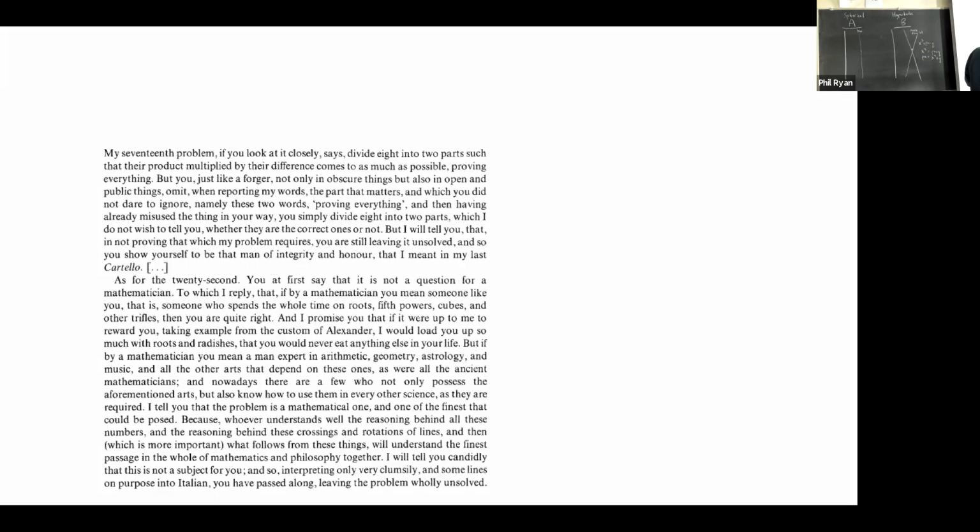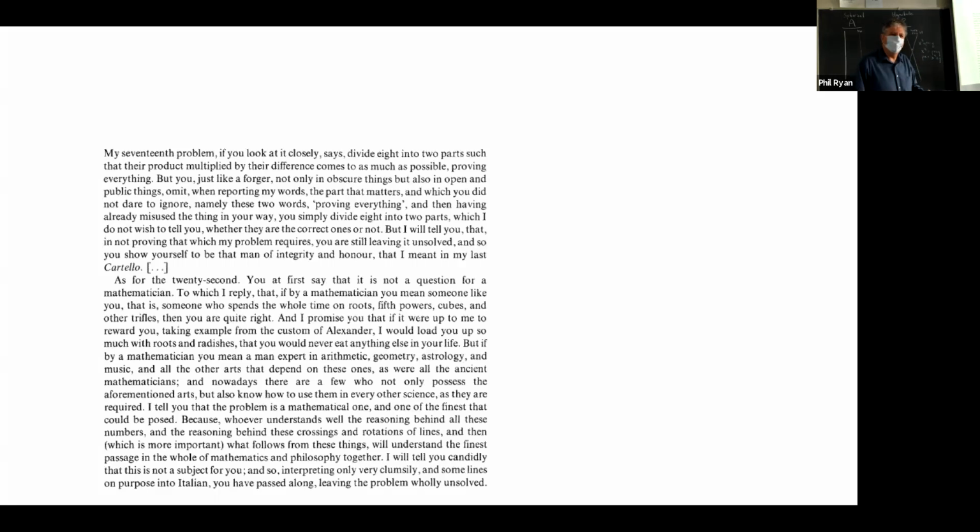And then having already misused the thing in your way, you decide to simply divide 8 into 2 parts, which I do not wish to tell you whether they are correct ones or not. But I will tell you that in not proving that which my problem requires, you are still leaving it unsolved, and so you show yourself to be that man of integrity and honor that I meant in my last letter."